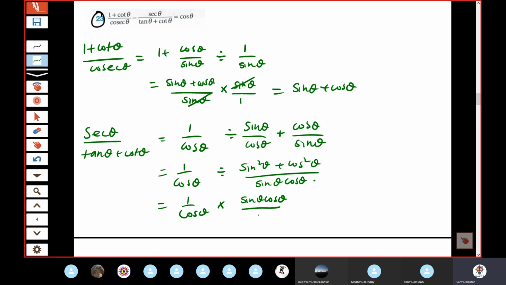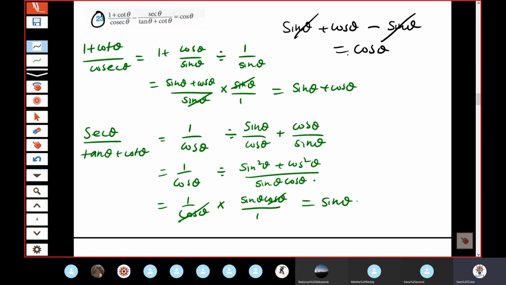So of course we know that's over 1. Sine squared plus cos squared is 1. Cos and cos cancels out, and you're left with sine theta. See how neat that becomes? And then all you're going to do is do the 1 plus cot minus the sec. So sine theta plus cos theta minus sine theta obviously equals cos theta. Simple when you see it like that.